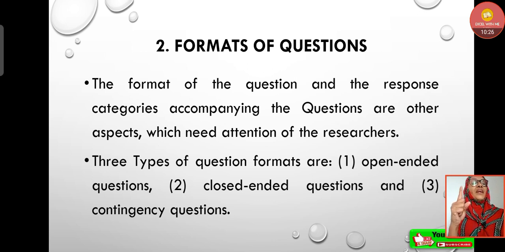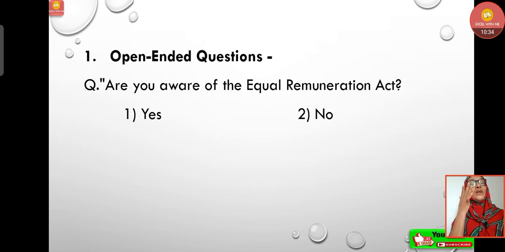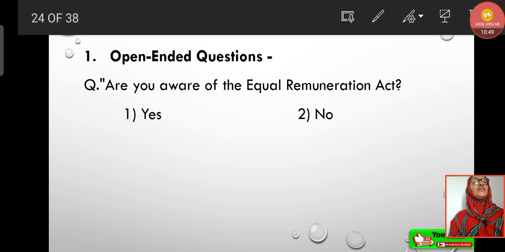Now, three types of question formats are there: number one, open-ended questions, two, close-ended questions, and the third one is contingency questions. Let's understand quickly all of these. Now, about yes or no questions, for example: are you aware of the Equal Remuneration Act? Say yes or no. This is close-ended actually, wrongly written here, I'm sorry.